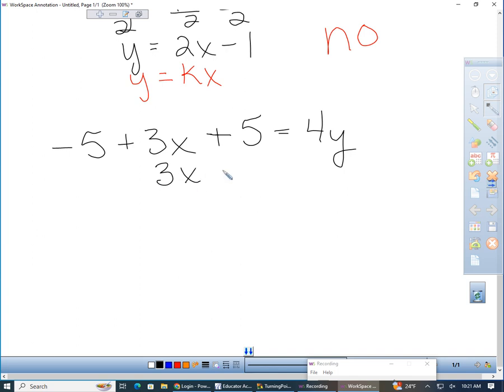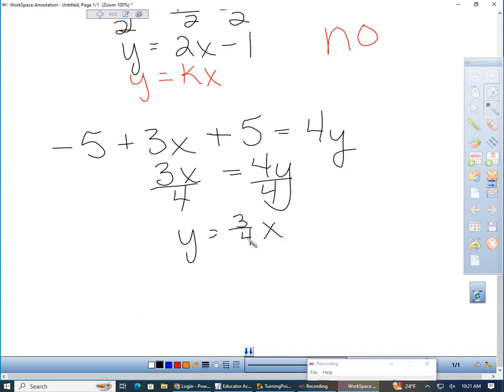Good. 3x equals 4y. When we put negative 5 and 5 together, they cancel each other out, right? Now, I'm trying to get y by itself. What do you guys want to do next? I heard some people say divide by 3, and some people say divide by 4. Correct. We want to get y by itself, so we're going to divide by 4. So we get y equals 3 over 4x.